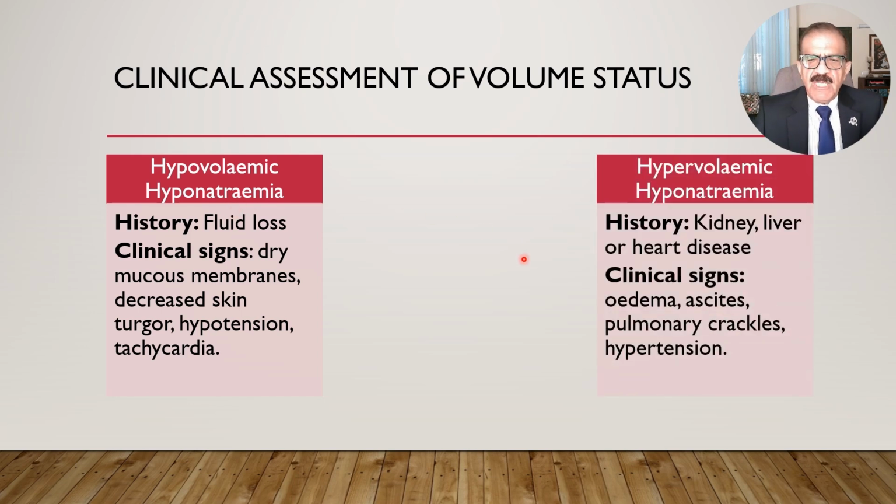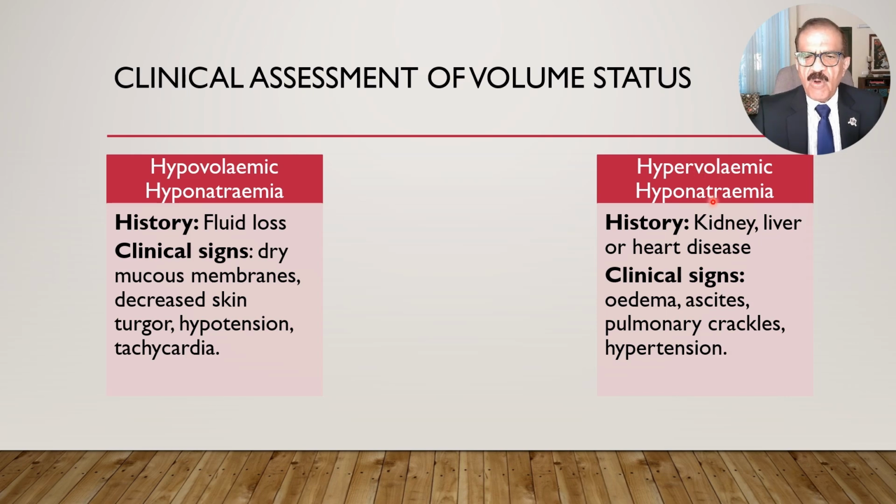But then there could be hypervolemic hyponatremia, and if you take history, patient may already be a case of kidney disease, chronic kidney disease, kidney failure or nephrotic syndrome, or patient may have liver disease like chronic liver disease or cirrhosis, or patient may have heart disease, heart failure. In these conditions, patient has got hypervolemic hyponatremia.